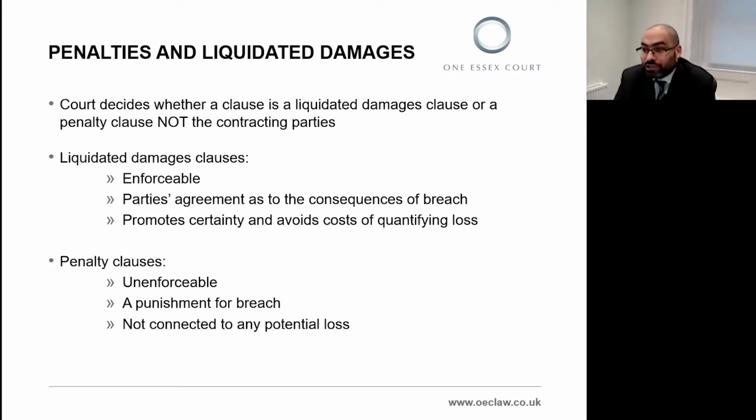And so that obviously raises the question of how we can tell the difference between the two and how we can draft contracts, draft clauses which fall on one side of the line or the other. And that is the topic of this talk. The answer might well seem instinctive.